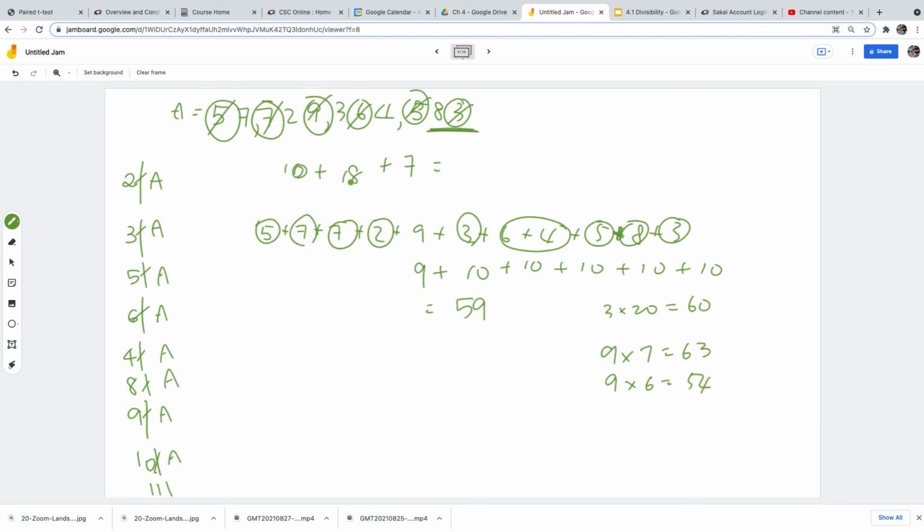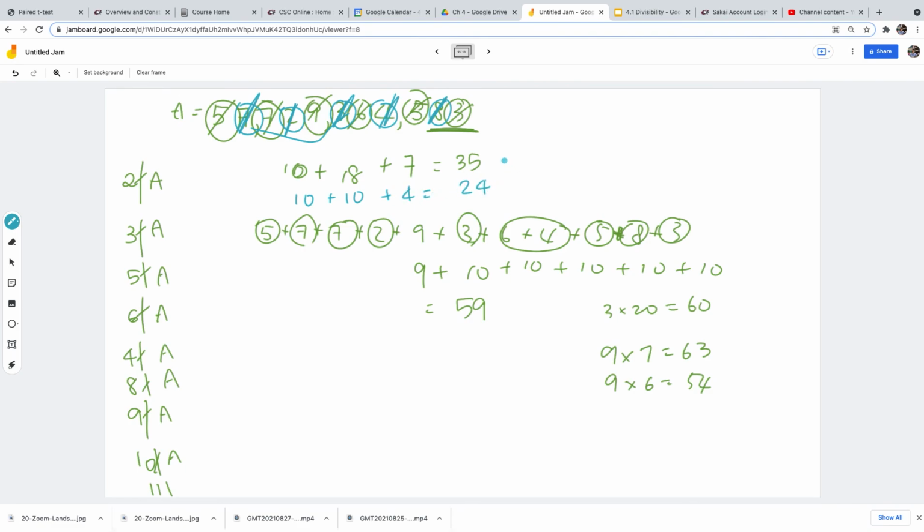So together, 18 and 7 is 25, and I have 10, so 35, right? And if I use the same rule for these other numbers, 7 and 3 together is 10, and I have 2 and 8, another 10, and I still have 4 there, so that's 24.